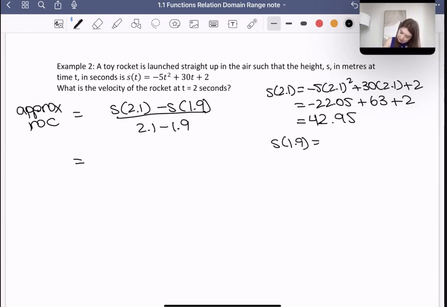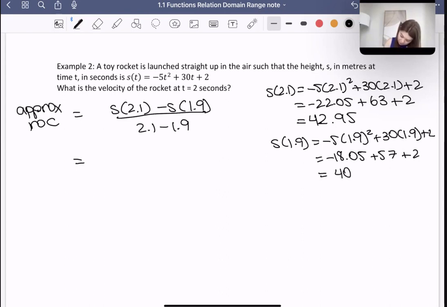And what about s of 1.9? Well, that's going to be negative 5 times 1.9 squared plus 30 times 1.9 plus 2. So that's going to be negative 18.05 plus 57 plus 2, which equals 40.95.